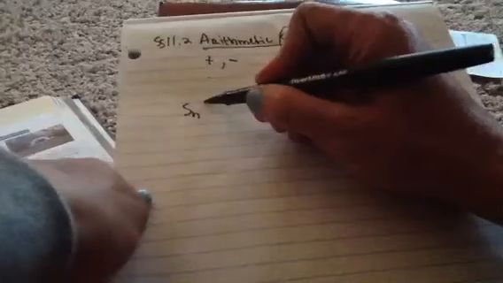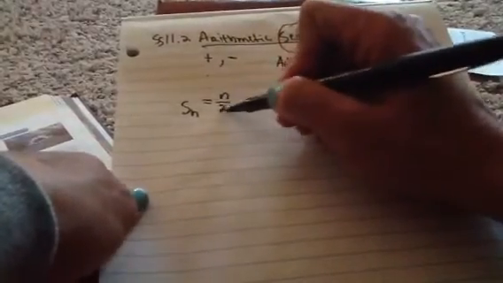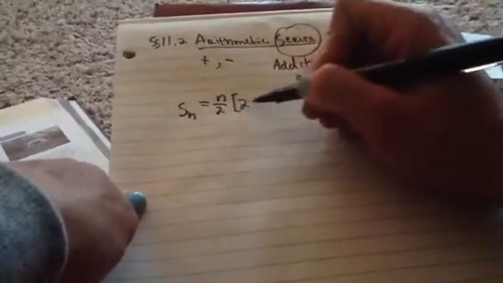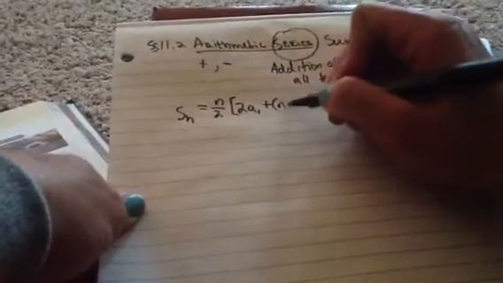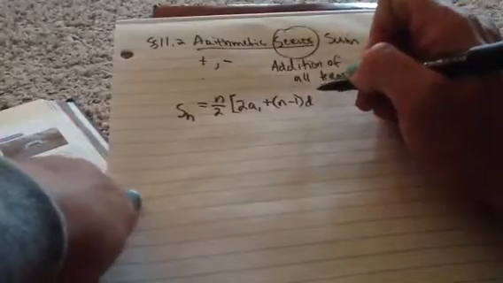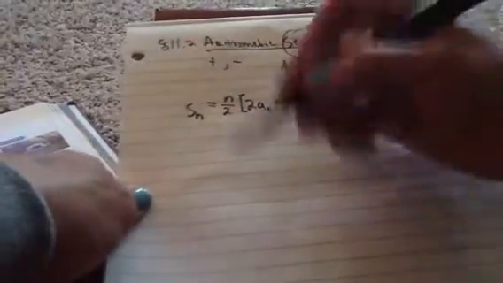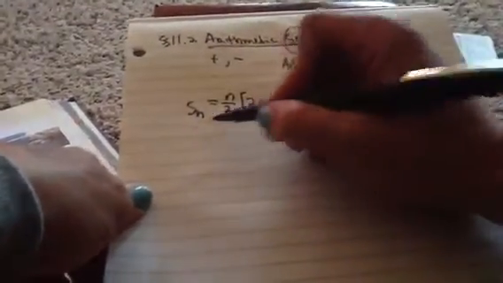The two formulas we have for this: the sum is equal to n divided by 2 times the quantity, 2 times the first term, plus n minus 1 times d, which is the common difference, how you get to the next term.